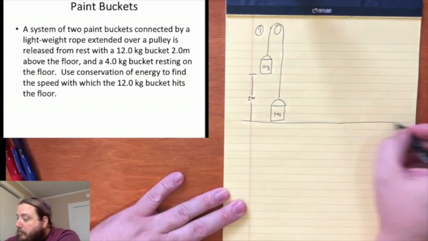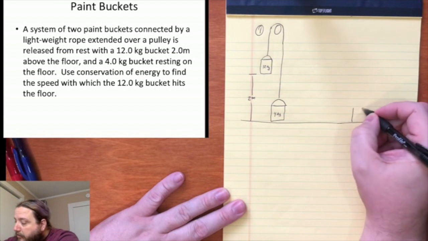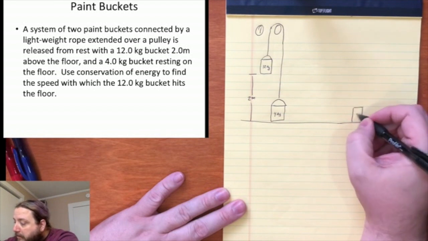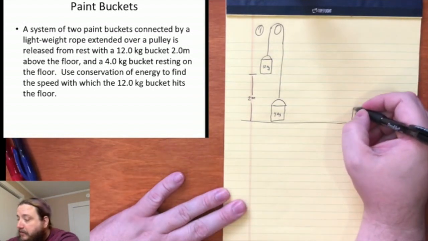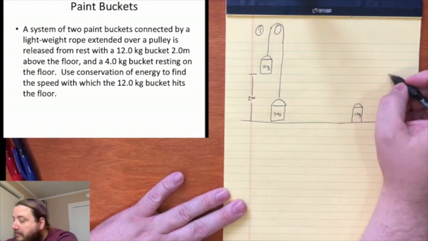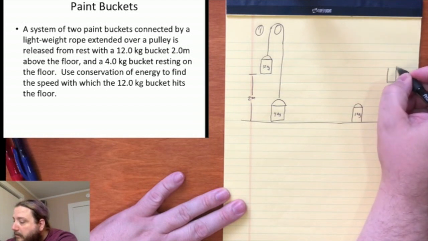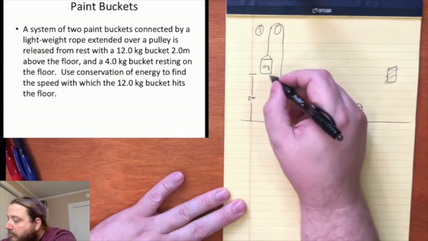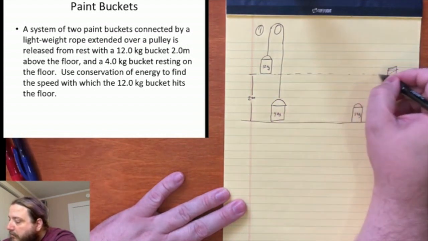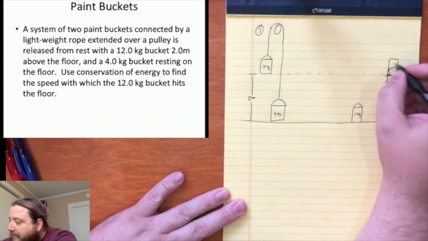A second moment of interest would be when the 12 kilogram bucket is just about to hit the ground but hasn't done so yet, and the 4 kilogram bucket then would be up here. Whoops, actually, it will be right here at the same height.